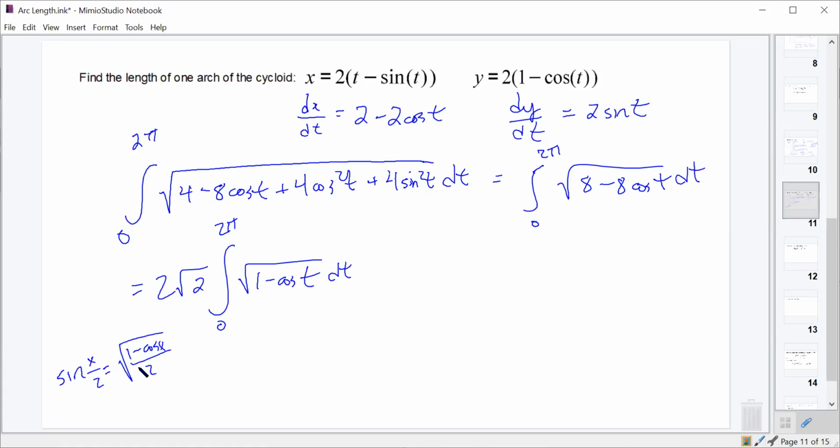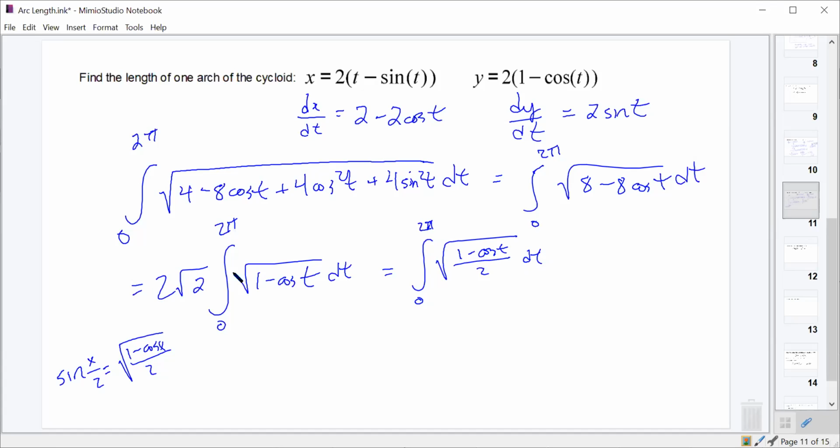Doesn't it equal that? Yeah, which looks very similar to this. I just need a 1 over the square root of 2 in here. So I could add that in. If I add in a 1 over the square root of 2 here, what do I need to put out here?